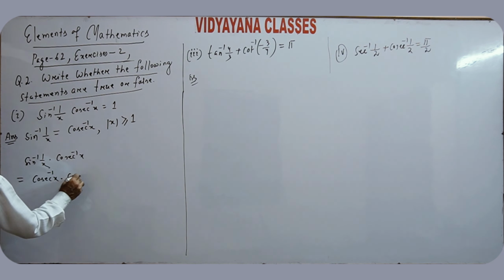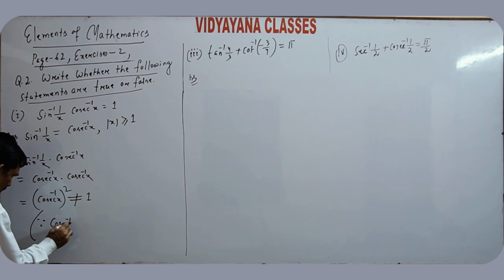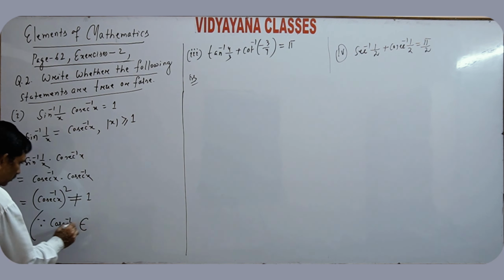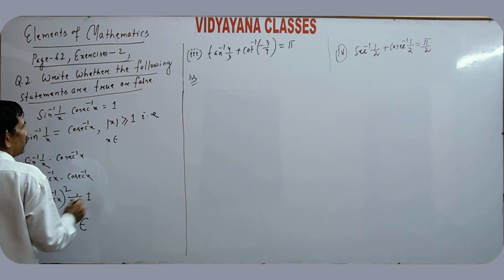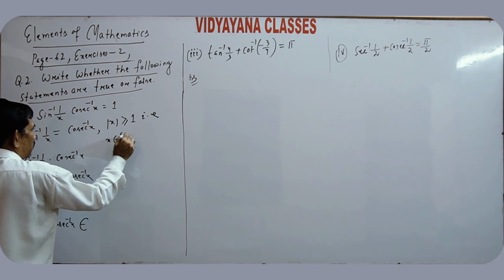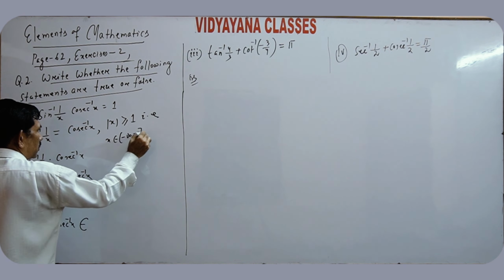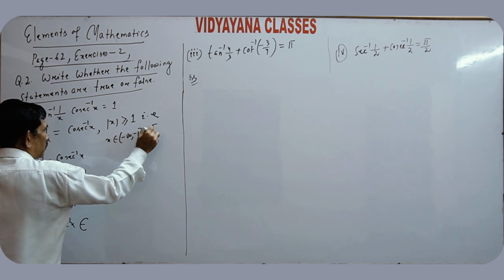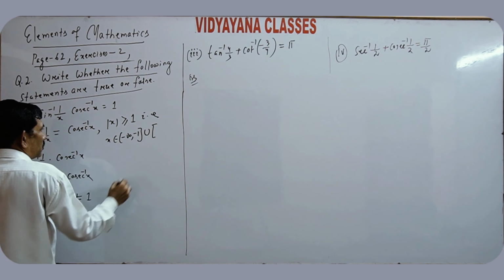Since cosec inverse x belongs to, x mod greater than or equal to 1, that is x belongs to open bracket minus infinity, minus 1 close bracket union open bracket 1, infinity open bracket.